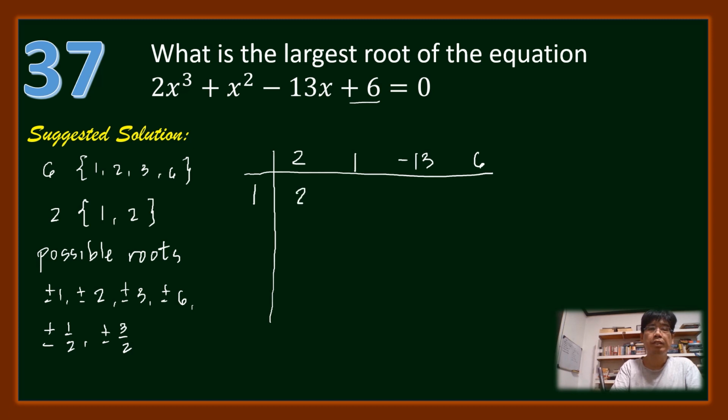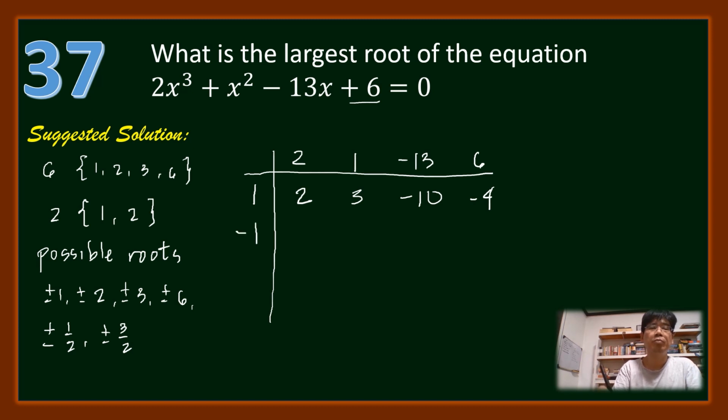We bring down the coefficient of the leading term, so we have 2 times 1 is 2 plus 1, that will be 3. And then 3 times 1 is 3 plus negative 13 is negative 10. And then negative 10 times 1 is negative 10 plus 6, negative 4. The last sum is not 0, so 1 is not a rational root.